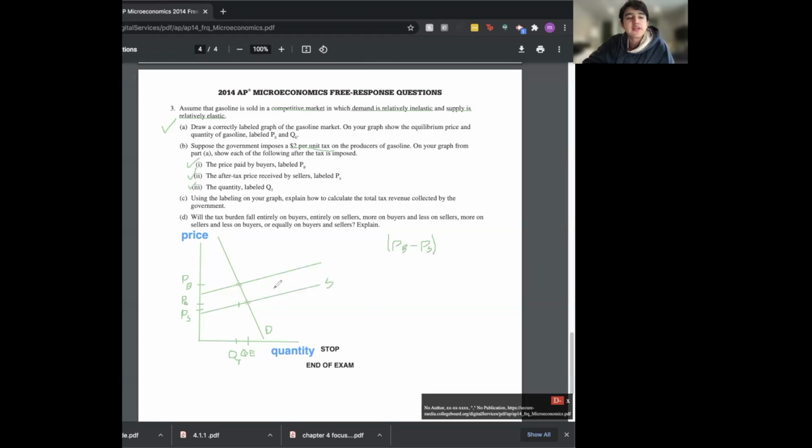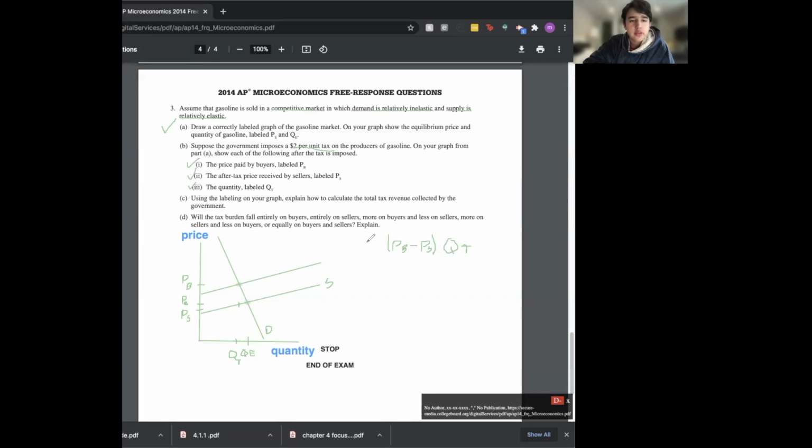Although that would be for one product, say, one gallon of gasoline. If we want to get the total amount, we'd have to take into account the quantity that is being sold. Because it is this amount that the government receives per every gallon, we multiply it times the quantity, or QT.